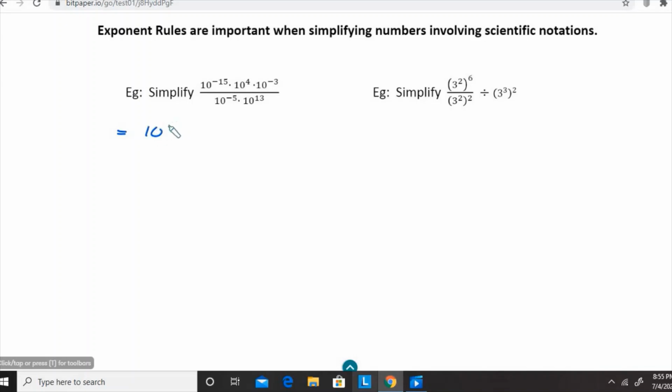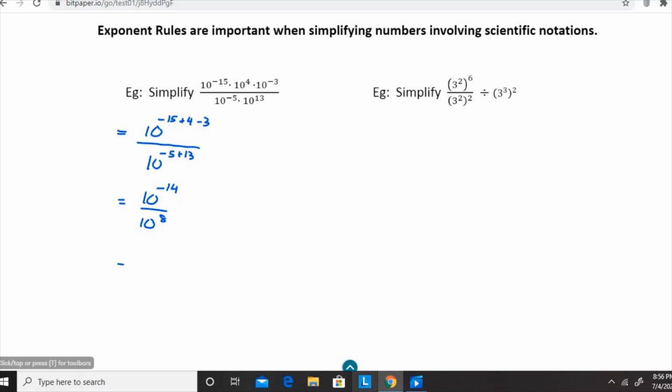So I'll get 10 raised to the power minus 15 plus 4 minus 3, and then divide the entire thing by 10 raised to the power minus 5 plus 13. The numerator simplifies to minus 15 plus 4 minus 3, so that's minus 14, and in the denominator 10 raised to the power positive 8.